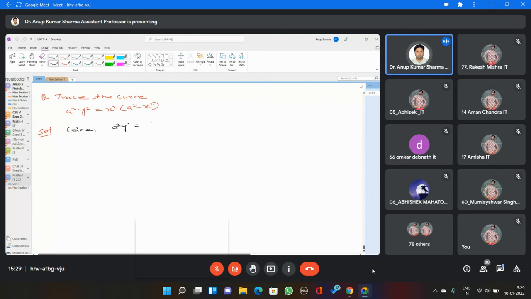Okay, same thing is a square x square minus x to the power 4. So it is question number 1. Solution. So first we are going to write about the symmetry, not asymptotes.